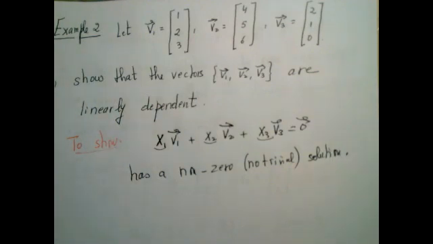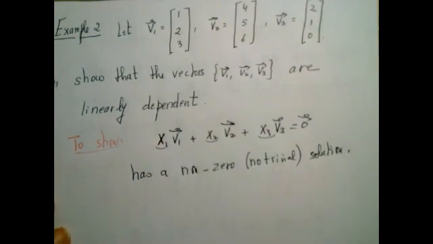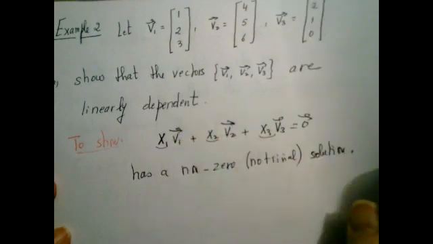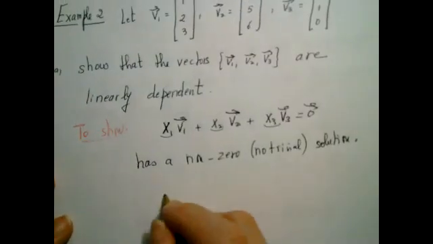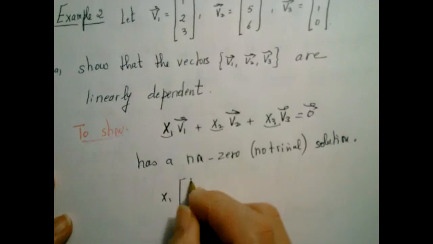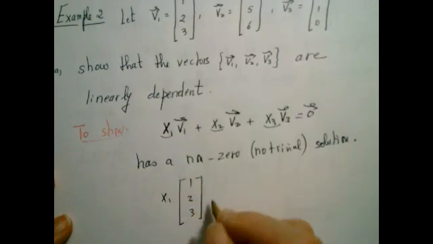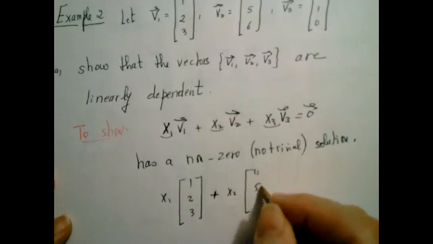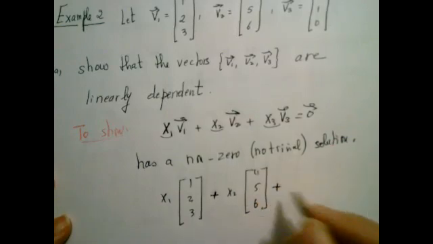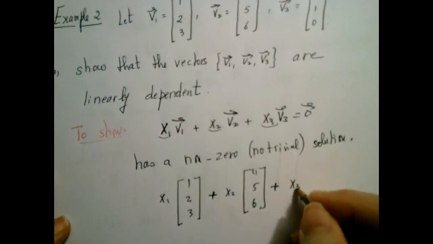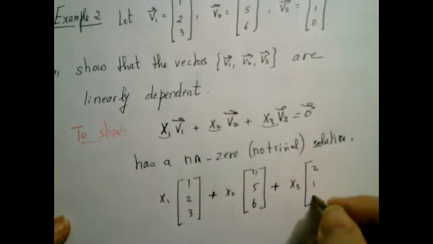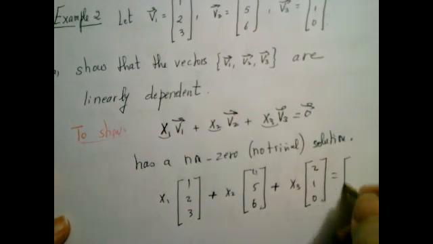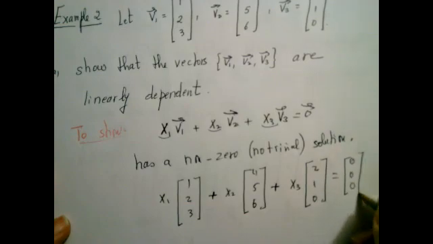Okay. The only way we know that is by solving this equation and asking ourselves, can I find non-zero scalars? As we did before, that's the equation I need to solve: x1 times (1, 2, 3) plus x2 times (4, 5, 6) plus x3 times (2, 1, 0) equal (0, 0, 0).